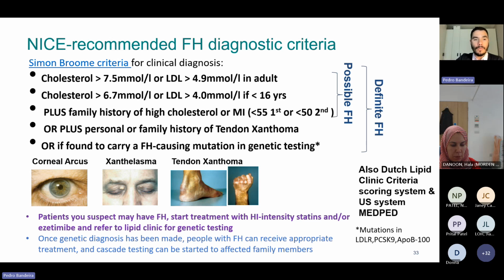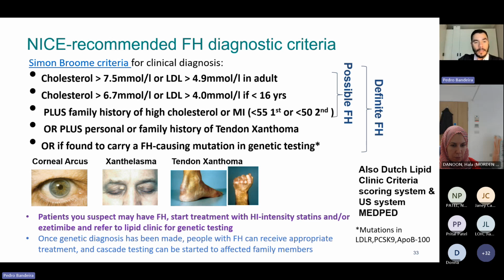If you find patients with stigmata such as tendon xanthomata, or a previous genetic testing mutation, those patients are confirmed FH and should be treated as per the guidelines.